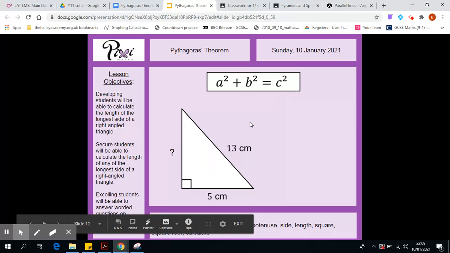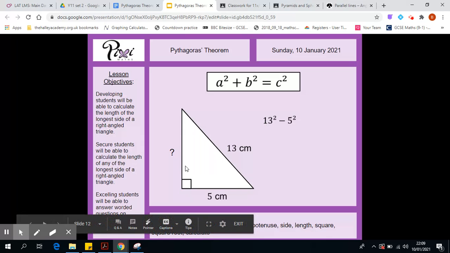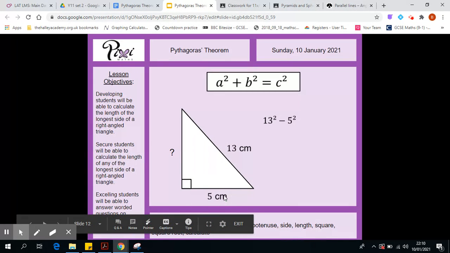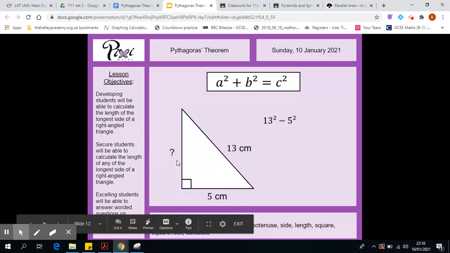Applying it in the formula, rather than adding them, we are subtracting: 13 squared take away 5 squared, because we're trying to calculate the length of one of the shorter sides. If we need to calculate the length of the longer side, rather than subtracting, we would be adding them. In this case, we're trying to calculate the length of the shorter side.